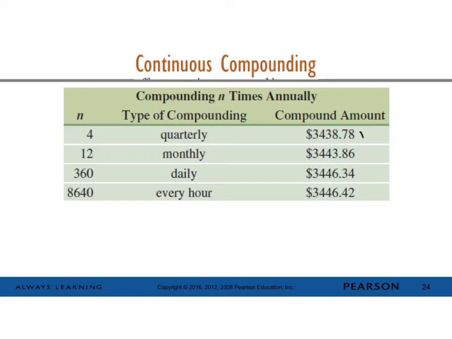If you compound quarterly rather than annually, you'll have $3,438.78. Compounded monthly, you would gain a few dollars: $3,443.86. Compounded daily, you gain less than an additional $3. And if you compound every hour, you only gain a few cents more than compounding every day.